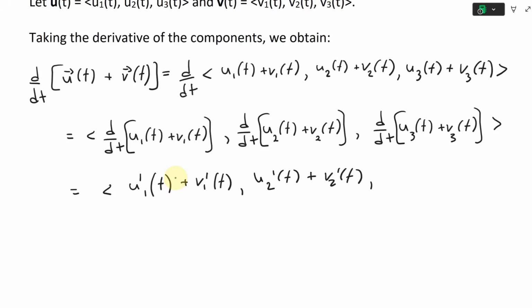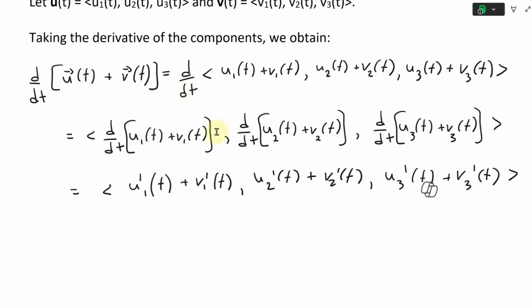That's pretty much how we're going to solve all these properties of vector function derivatives: we take derivatives of components, then follow the real valued function derivative rules, and they're pretty much the same thing. We get the same corresponding result for the last one, u3 prime of t plus v3 prime of t.